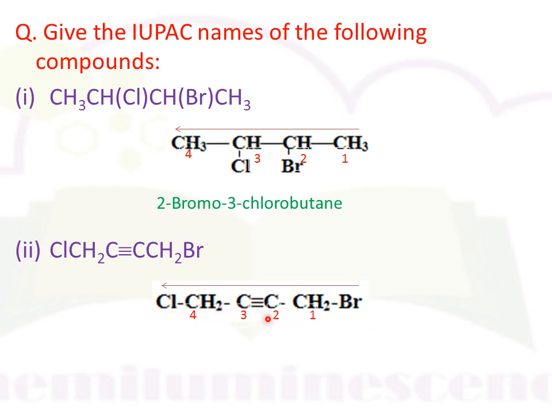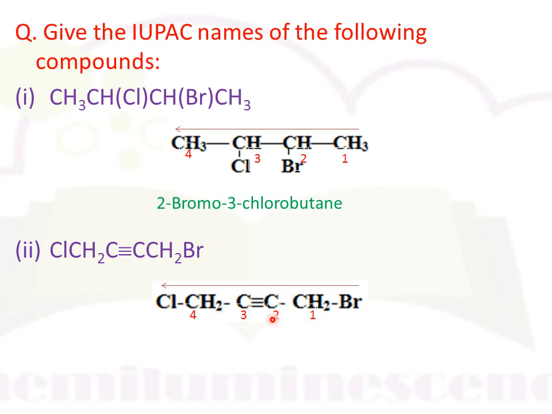There is one more functional group, that is the carbon-carbon triple bond. This is the main functional group present in this molecule. That's why the name of this compound is written in the haloalkane format: the halogen part comes first, then the alkyl part. So here it is 1-bromo, 4-chloro, and the alkyl part is butane.